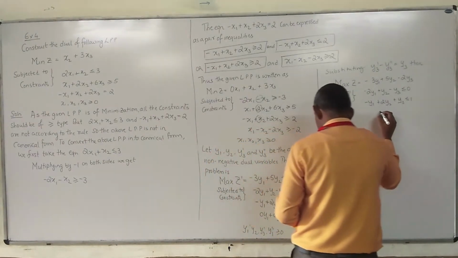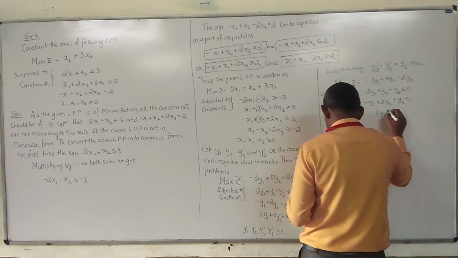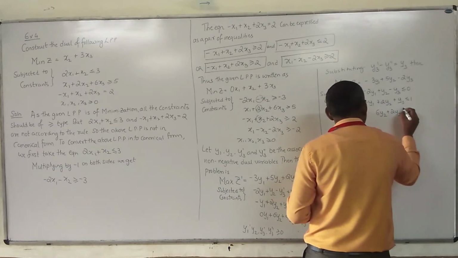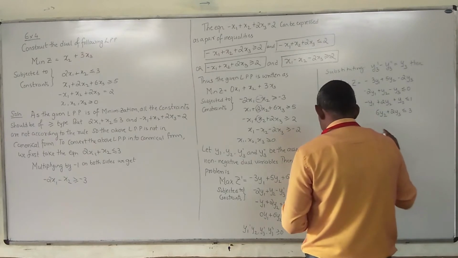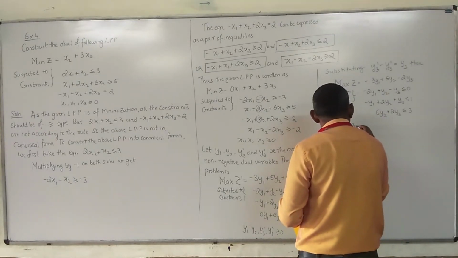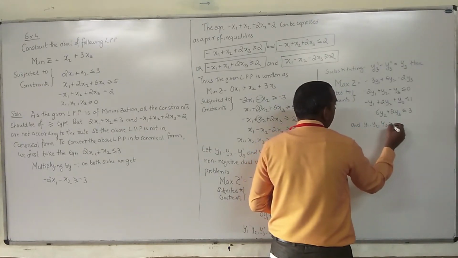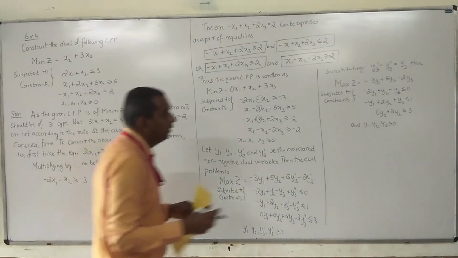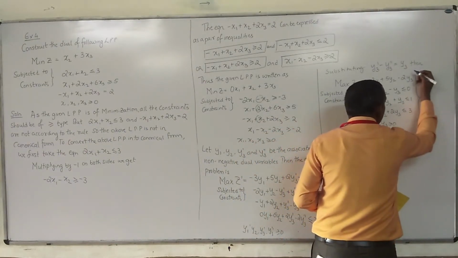Whereas 6y2 plus 2y3 is less than or equal to 3. Fine. And y1, y2, y3 are greater than or equal to 0. And this is what? Given.